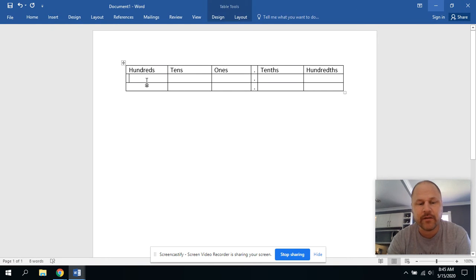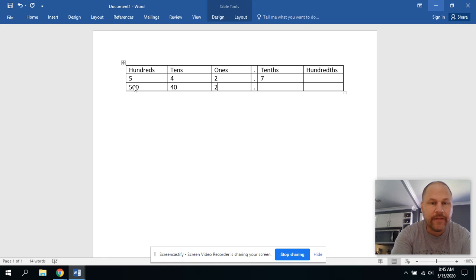So let's say we had a number like 5, 4, 2, 7. We know that in reality, what we have here is 540, and that's 2 because it's ones, right? 7 tenths would be 0.7, right?